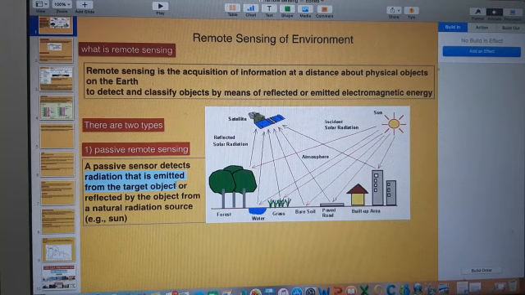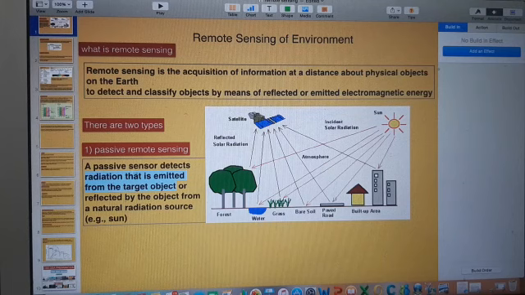Here the word target object means these forests, because we want to gather information about the objects on the surface of the earth. So, this forest, this water surface, this grass vegetation, these are our target objects.